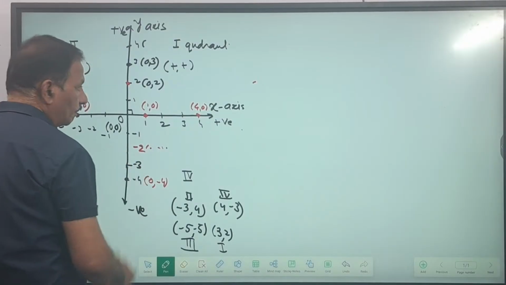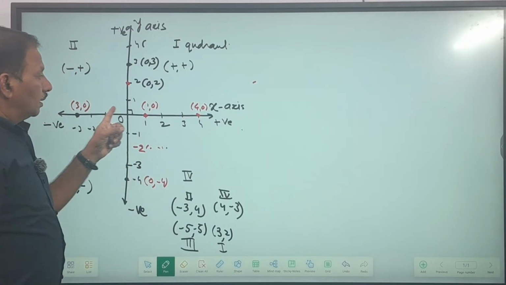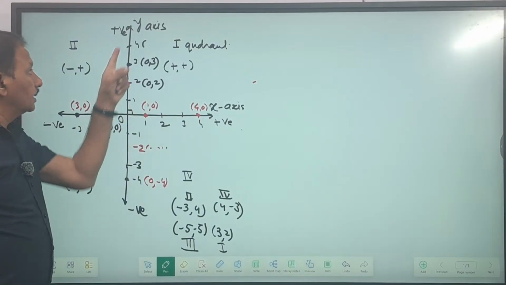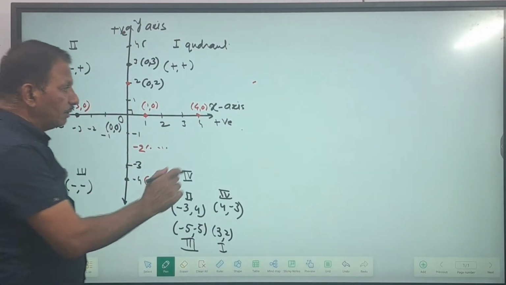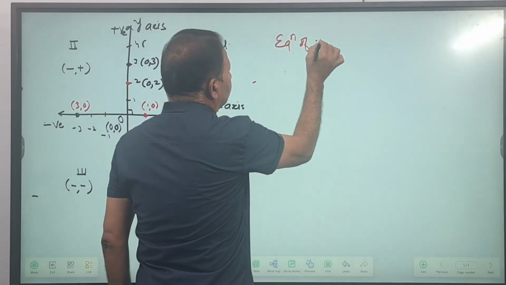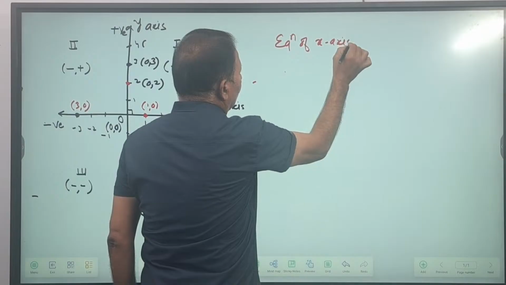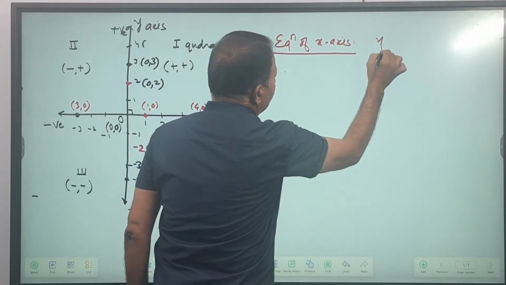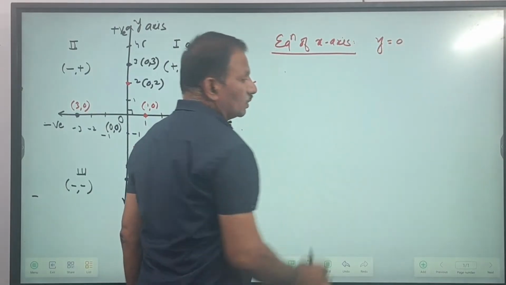Okay. This is my x-axis, this is the y-axis. Remember, the equation of the x-axis will be, always remember, y is equal to 0.